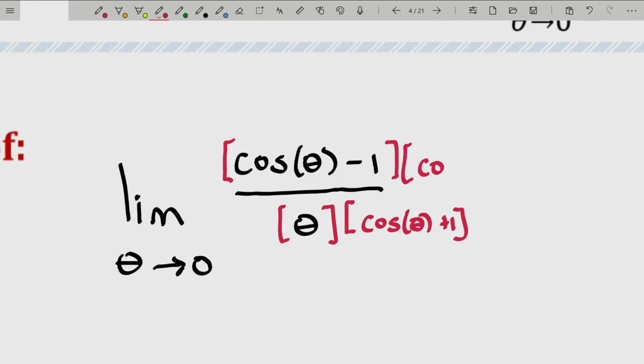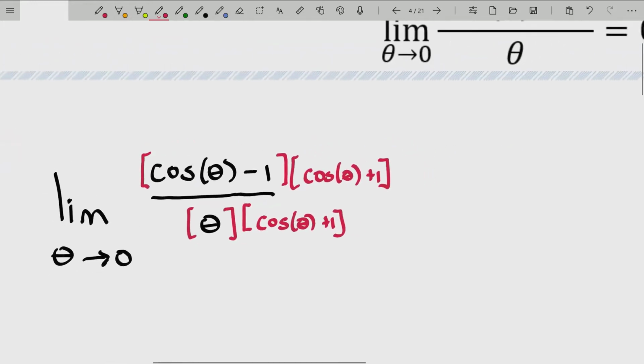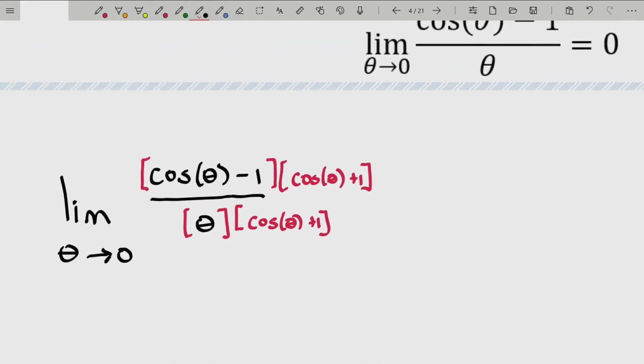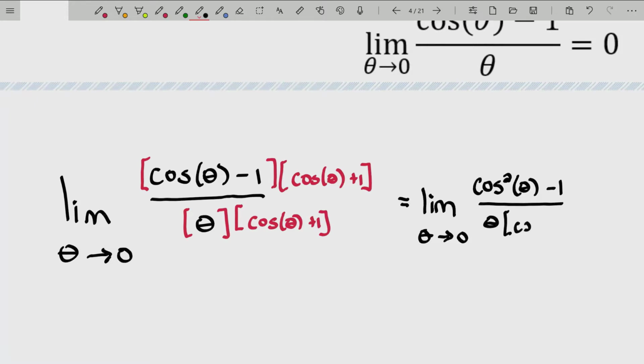And as I usually say, I will not multiply out that denominator unless I really, really have to, but I don't want to, so I'm not going to. But the numerator will multiply out beautifully. This will be the limit as theta is approaching 0 of the numerator becomes a cosine squared of theta minus 1 all over, again, theta times cosine of theta plus 1.